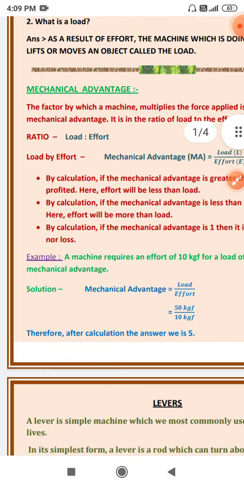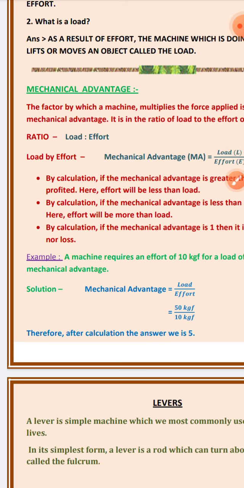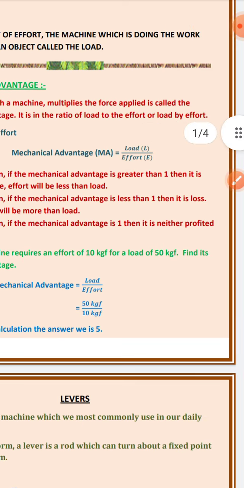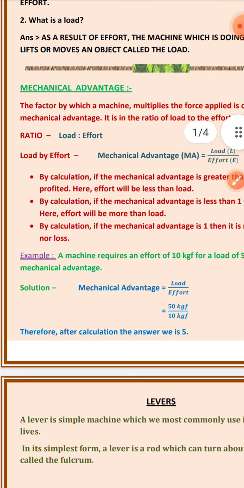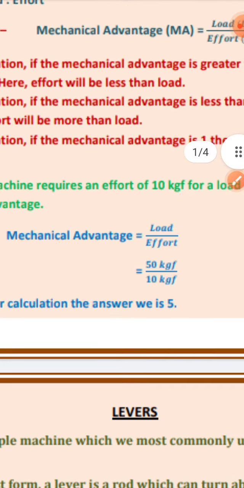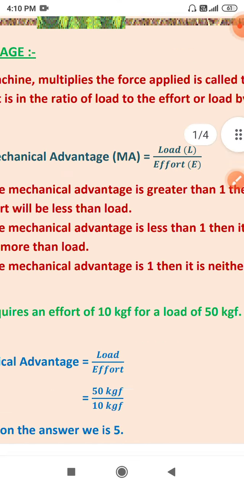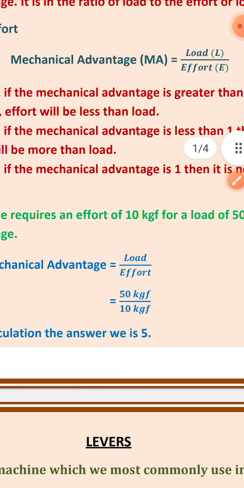Now one example is given here. A machine requires an effort of 10 kgf for a load of 50 kgf. Find its mechanical advantage. Now coming to the solution. Mechanical advantage equals load by effort. At first we have to copy the formula which is given over here. Then we are going to put the numbers.